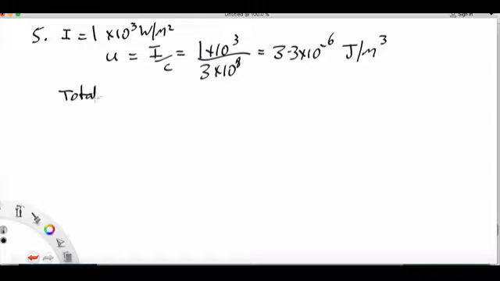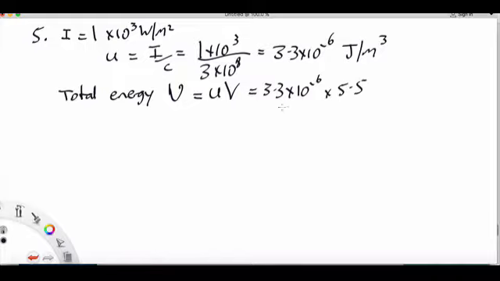So then the total energy, let's call it capital U, is going to be the energy density times the volume. So that is 3.3 by 10 to the minus 6 times 5.5 gives us 1.8 by 10 to the minus 5 joules.